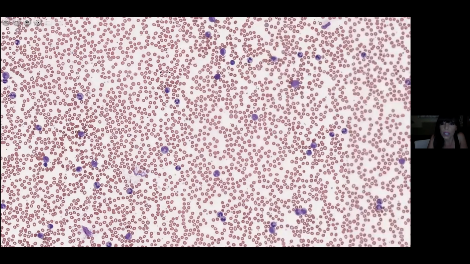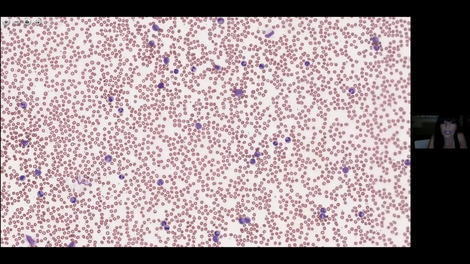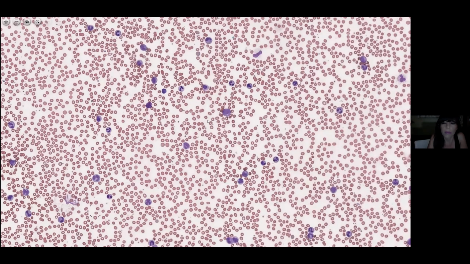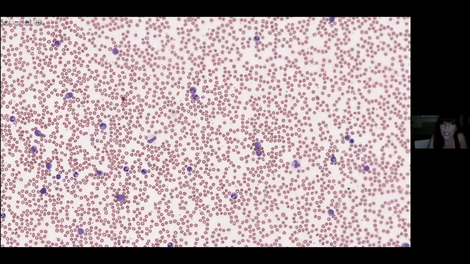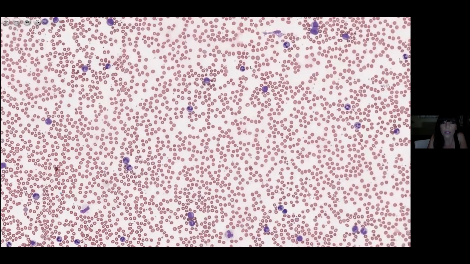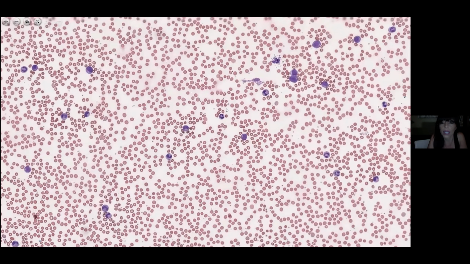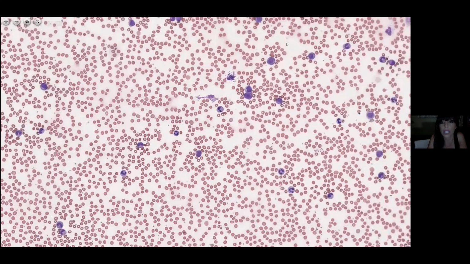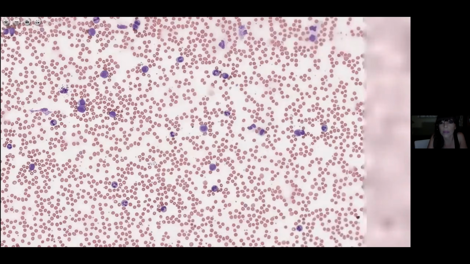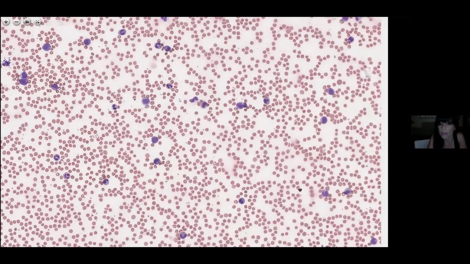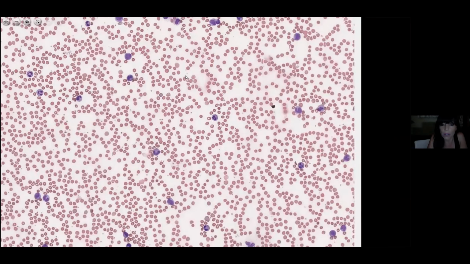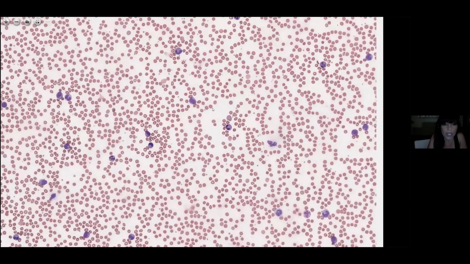But I also see a lot of monocytes here, a lot of immature cells. So maybe we have a left shift, so to speak. I don't see a ton of blasts, maybe just a rare blast. But we do have cells in all different stages of maturation.